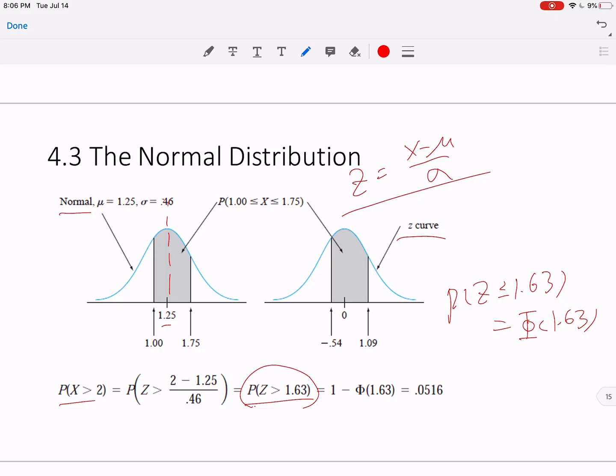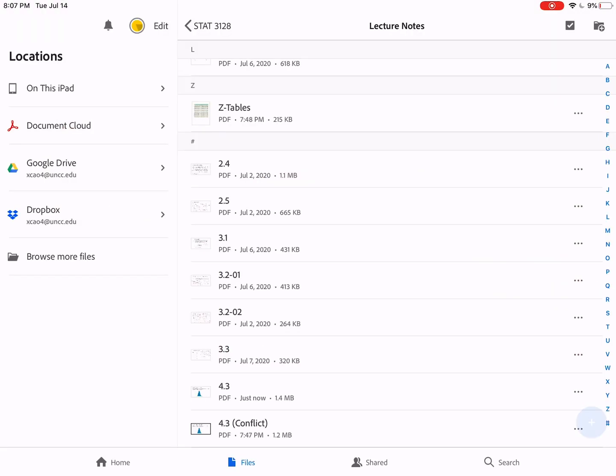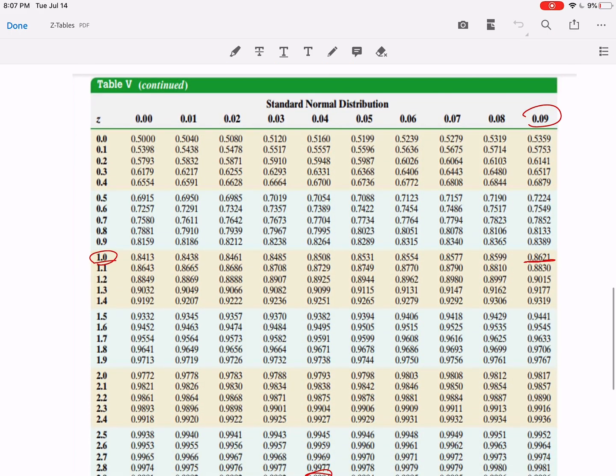So this would be 1 minus phi of 1.63, and if we go back to the z table, we're looking for phi of 1.63. 1.6, and 3 is over here. So the area to the left of 1.63 is 0.9370.